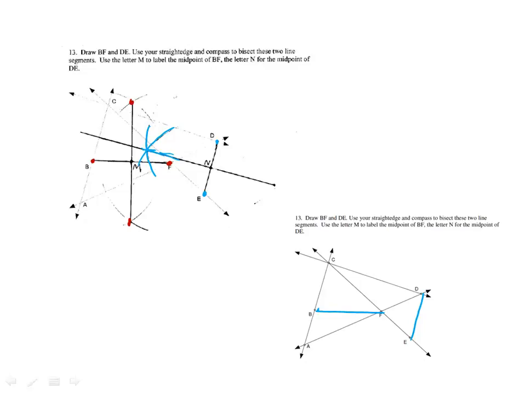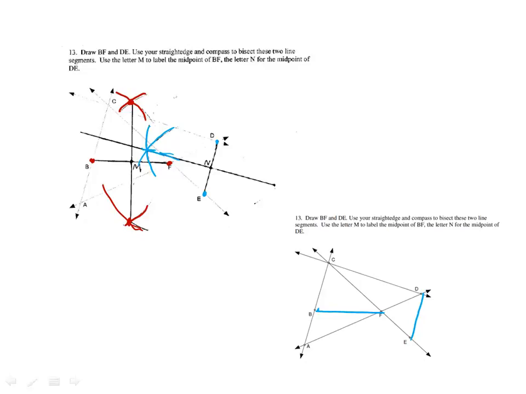Right? And then you take your sharp point on B, arc out here, arc up here, sharp point on F, arc here, and arc here. You see their intersection points, and that's where the other line, or perpendicular bisector, is made.